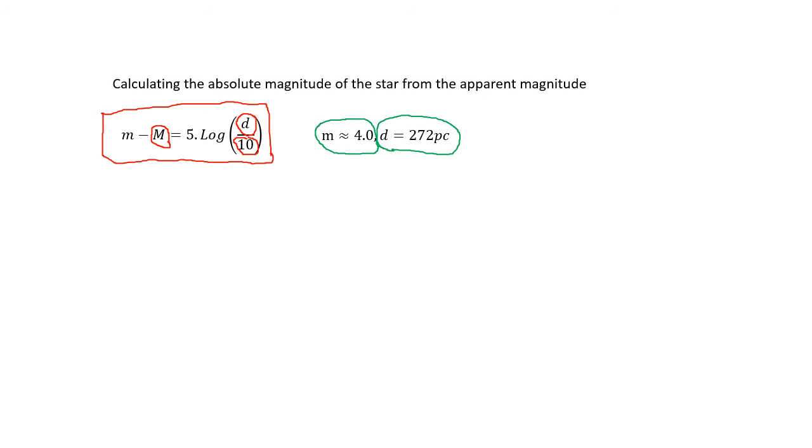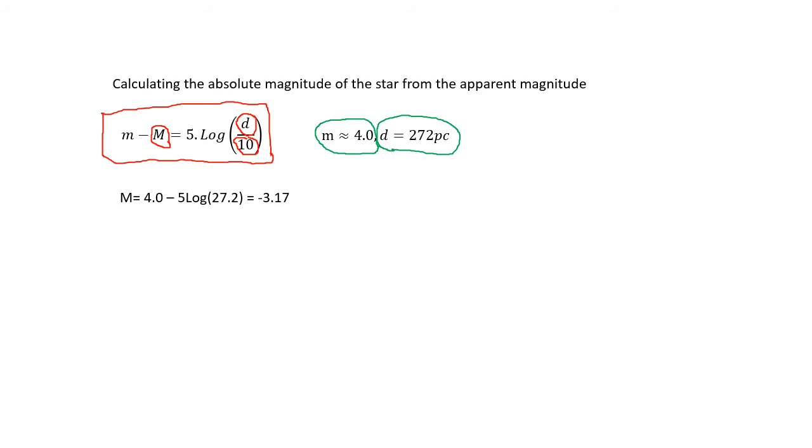Astronomers had to pick a distance from a star to measure the absolute magnitude, and they picked a nice round number of 10 parsecs. Since they were measuring the distance to stars in parsecs anyway, they thought that this was a good distance to measure the magnitude absolutely of a star. So here we go. Let's now put the numbers into the formula and rearrange, and we get a value of minus 3.17.